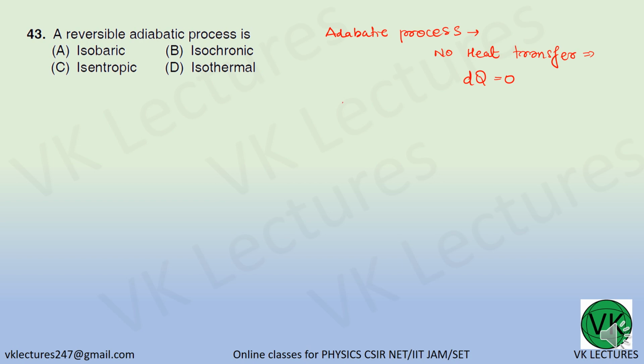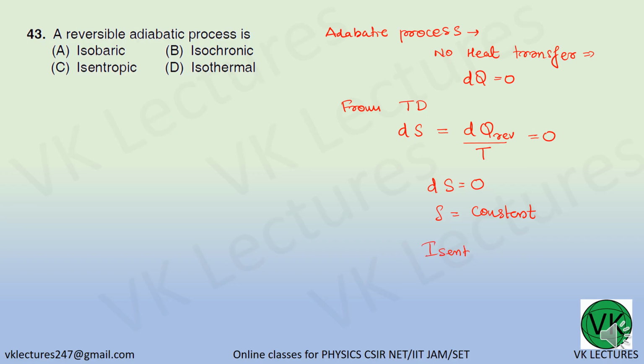Now from thermodynamics, the entropy change ds is equal to dq in a reversible process divided by T, or dq equal to T ds. Now we know on the right hand side it is 0, so ds has to be equal to 0. If ds is 0, s is constant. So the process is an isentropic process. Option C.